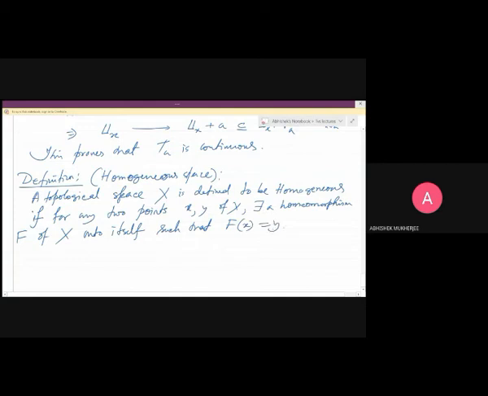So for any two given points x and y, there will be a homeomorphism F of X onto itself such that the map will send x to y.